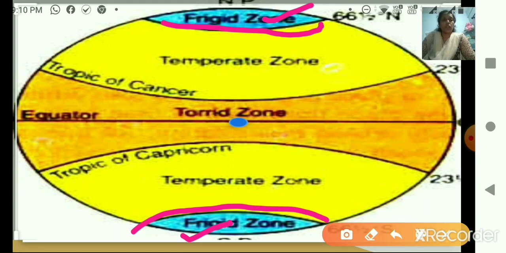Okay, this is called frigid zone. This region receives very little heat from the sun. Therefore, it is the coldest place on the earth. They are very cold and large parts are covered with snow throughout the year. Therefore, this region is called frigid zone.